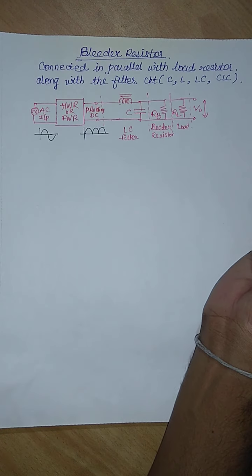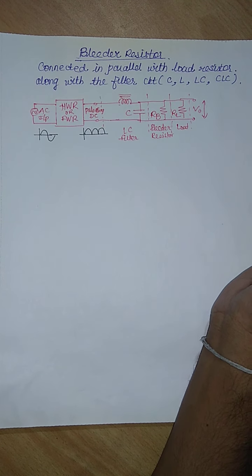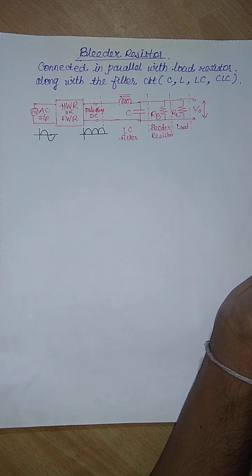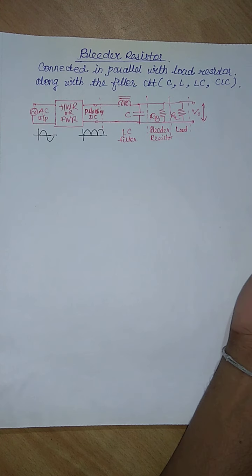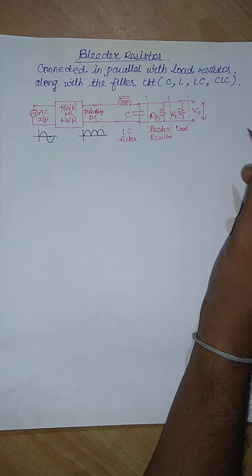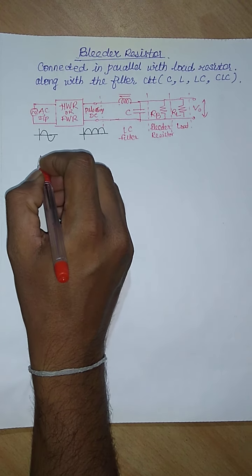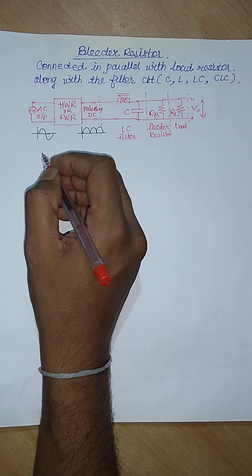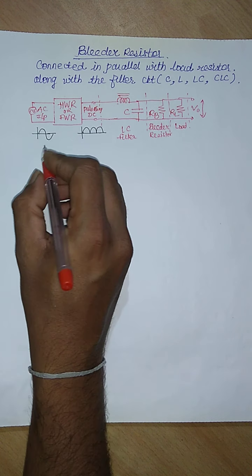Now why are we connecting a bleeder resistor and why is it called a bleeder resistor? What are the advantages and what is the main purpose of connecting the bleeder resistor?